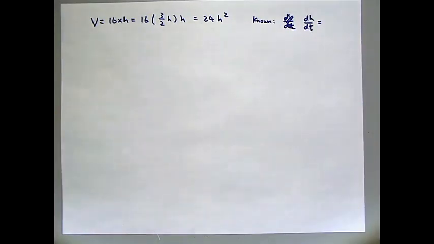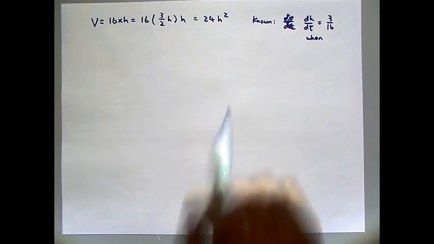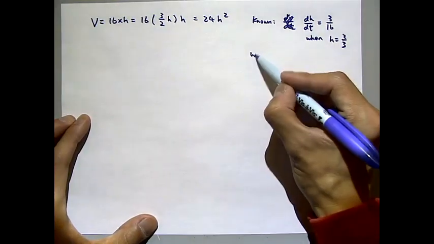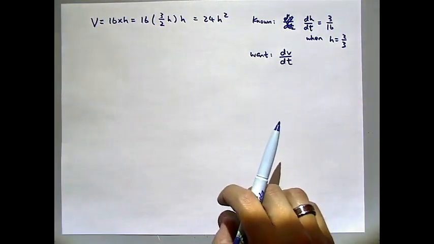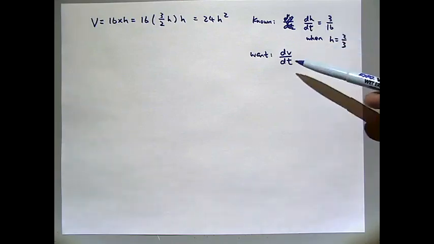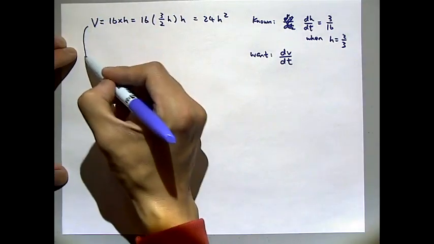Water level is rising at the rate of 3/16 feet per minute at the moment when h is 2/3. And we're looking for how fast we're filling that thing. So how fast is the volume changing? Okay, and look, I want to relate the rate of change of h and V. I already got an equation relating V and h. So that's one step later.